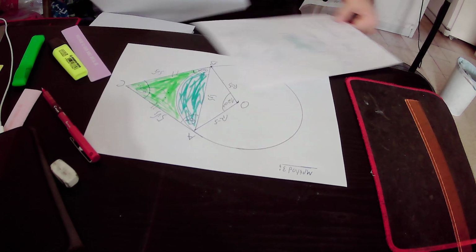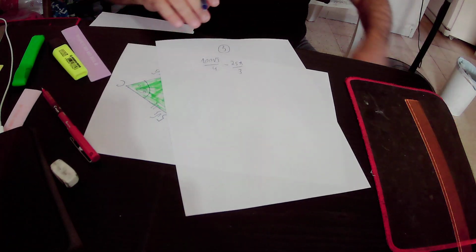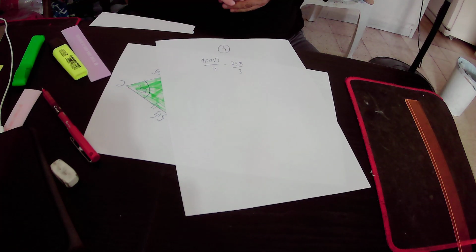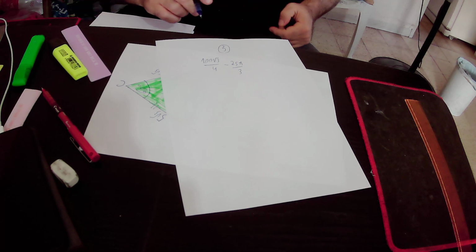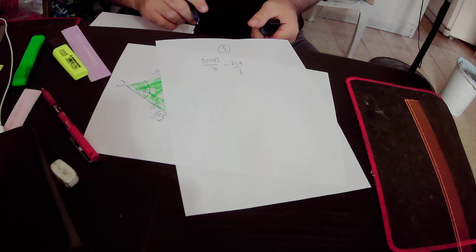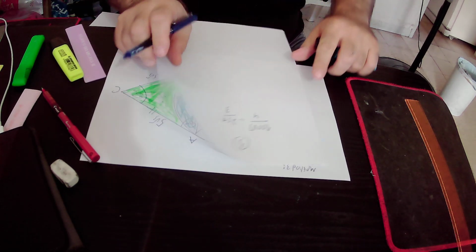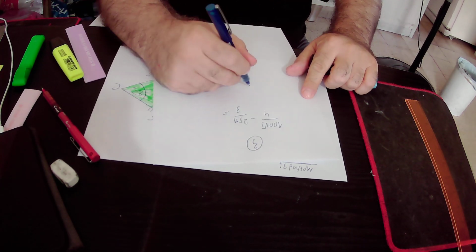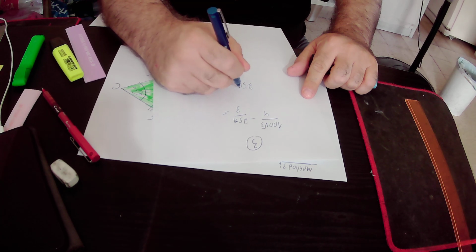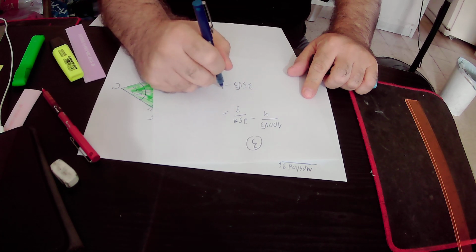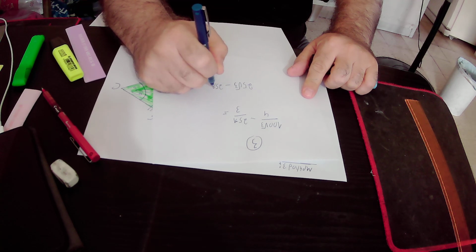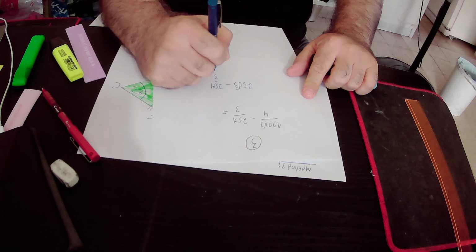Okay, so the area of the green shape will be equal to 100 over 4, which is 25. It equals 25 root 3 minus 25 pi over 3.